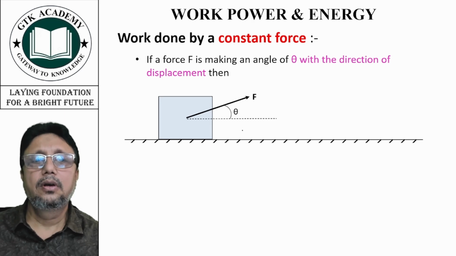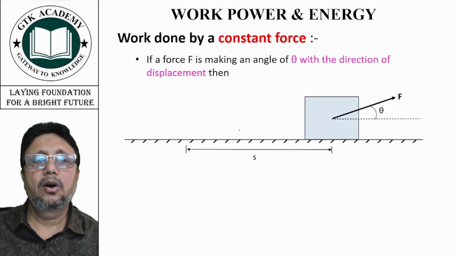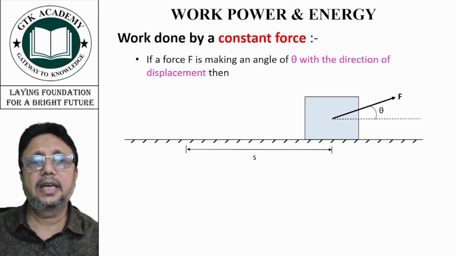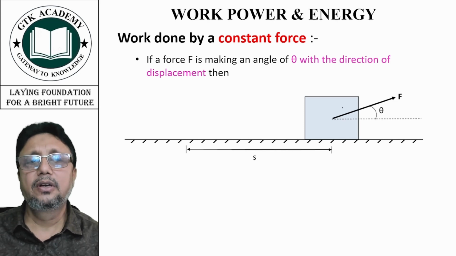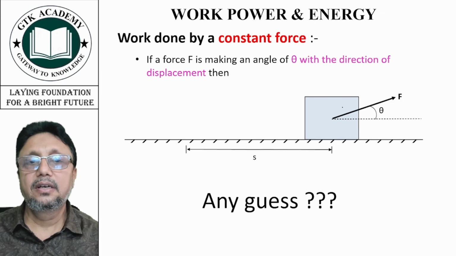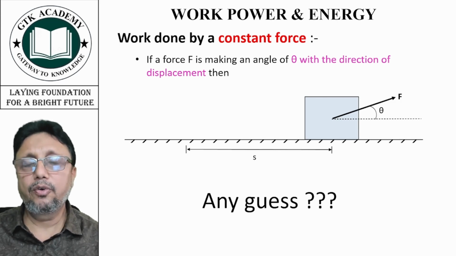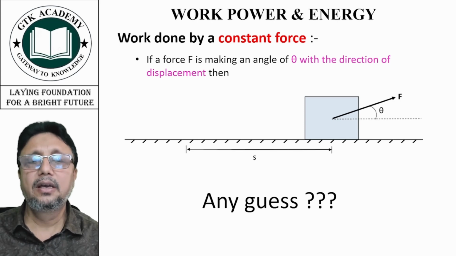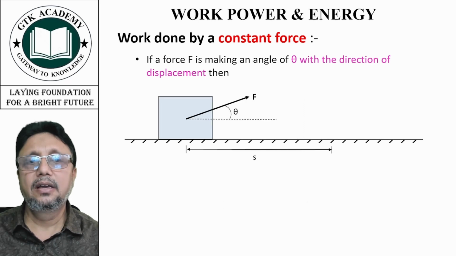So the body moves now by a distance of s. The displacement is s, but the direction of force is a bit different from the direction of displacement. Now, how are we going to calculate the work in this case? Any guess? Just pause the video and think for some time. Probably some of you may be able to guess it, and I hope many of you have guessed it correctly. Anyway, we'll just rewind it.